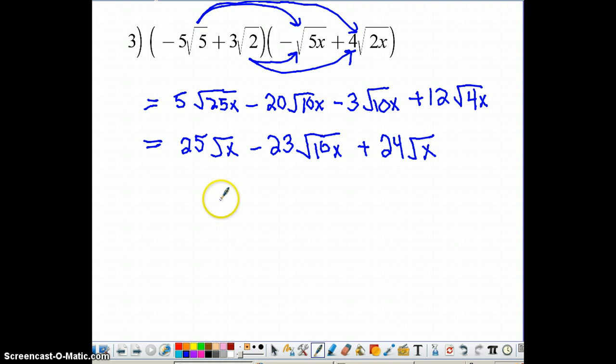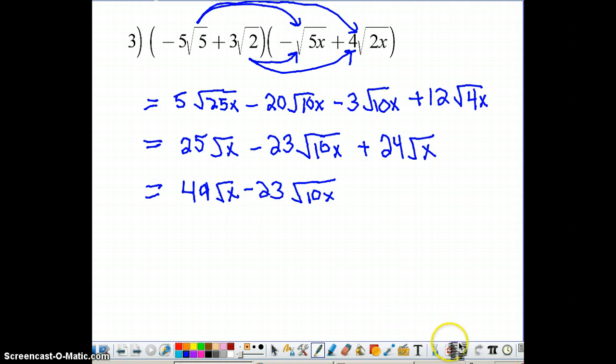Okay? And in doing that, I can see that I can still combine some more like radicals. The 25 and the 24 root x's will give us a total of 49 root x minus 23 root 10x. The square root of 10x can't simplify, so we are done.